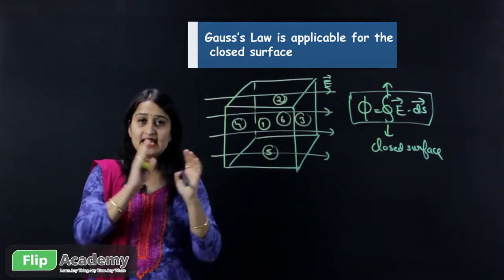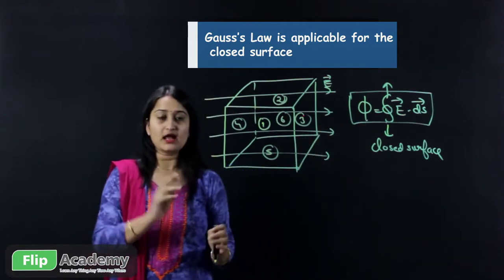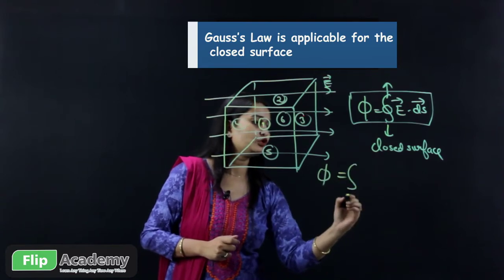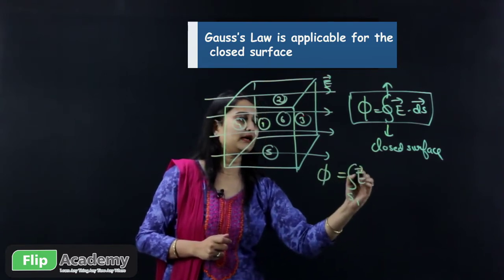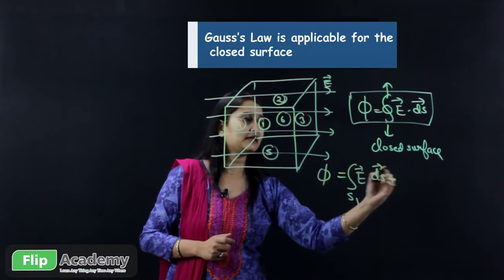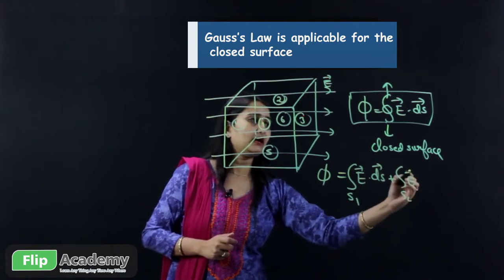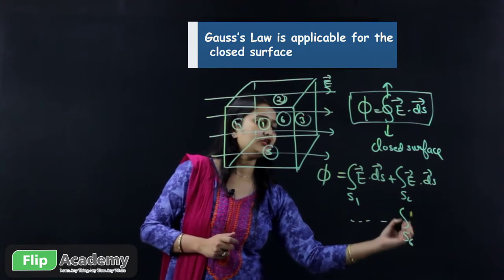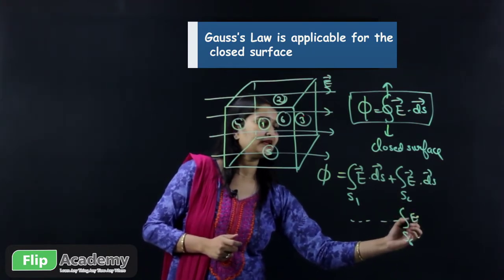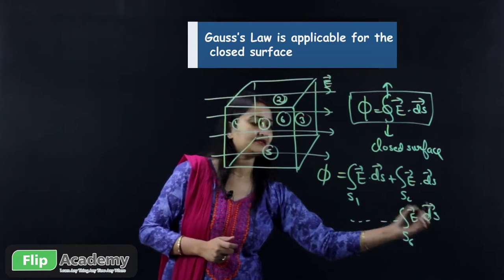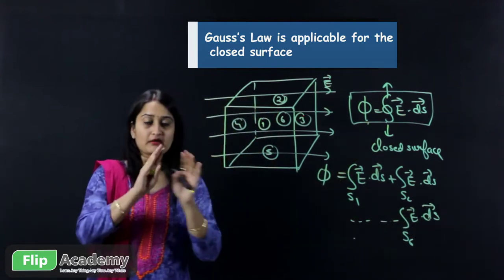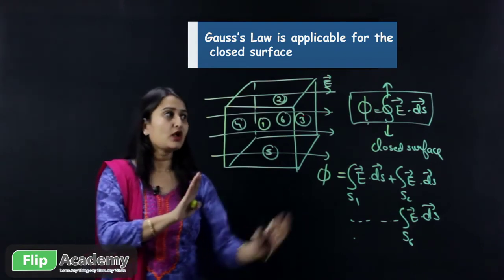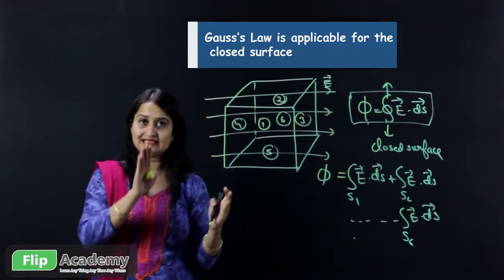It has 6 sides. If we expand this formula, then it gives you the value, that is flux is equal to, for surface 1 it becomes E dot ds, for surface 2 it again becomes E dot ds, and it goes on and on till it reaches surface 6, that is E dot ds. So this particular formula, when it is expanded, then for every surface it gives you the distinct value of integration.